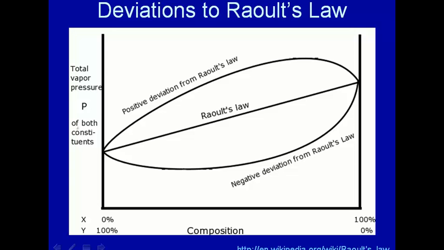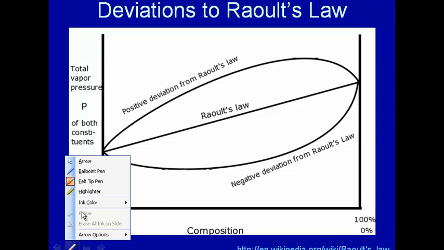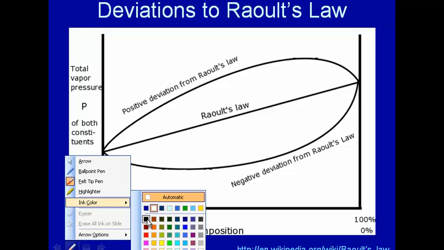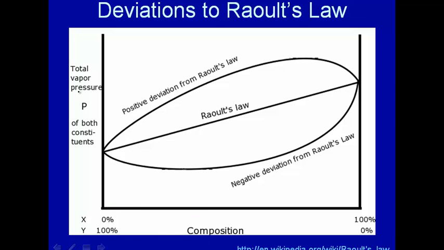Let's take a look here. Here's an example of a couple deviations of Raoult's law. What we're plotting here is a total vapor pressure. That's the partial pressure of both components, P1 plus P2, as a function of composition. In this particular case, we were using 1 and 2. Component 1 goes from 0 to 100, and therefore component 2 goes from 100 to 0. Straight line, Raoult's law.